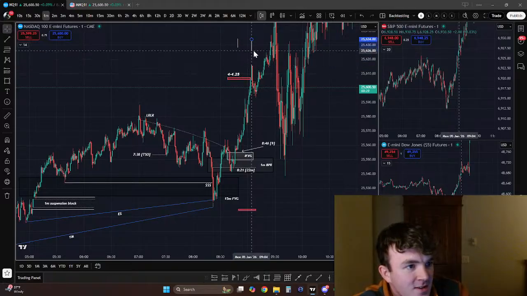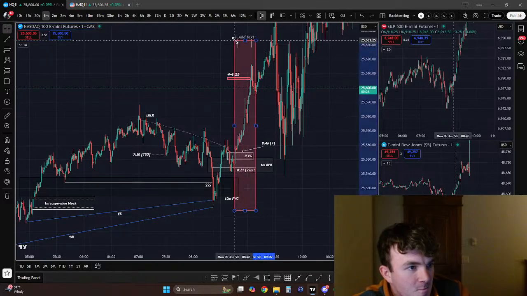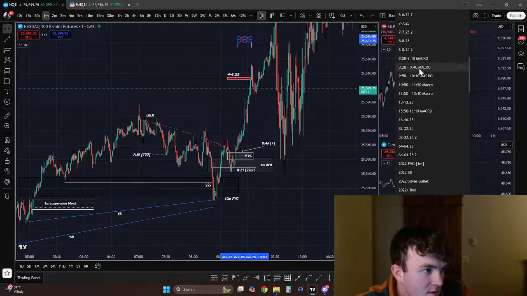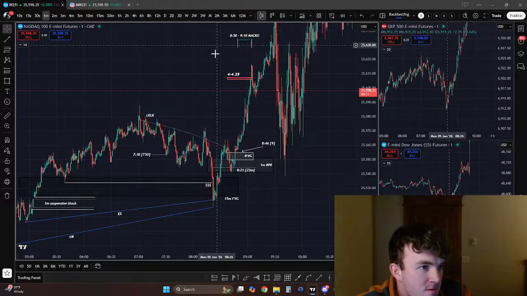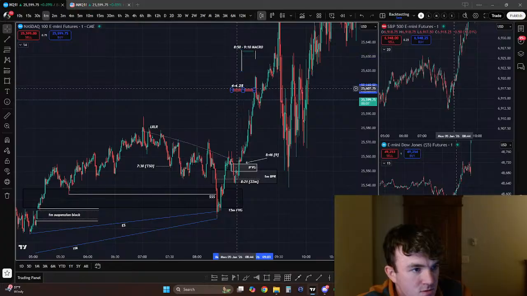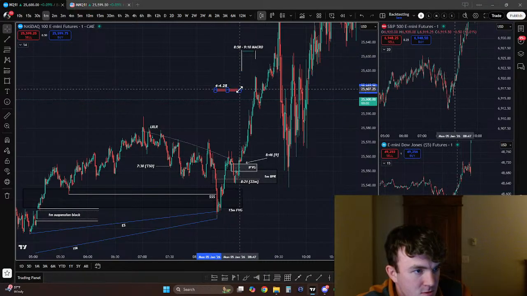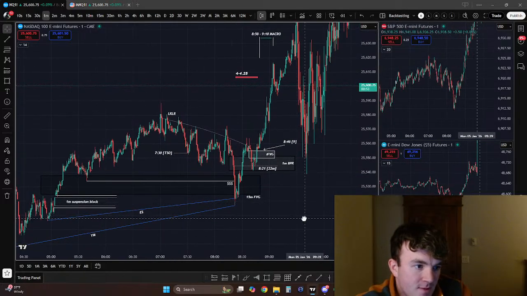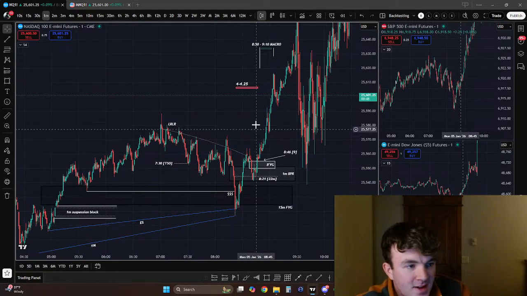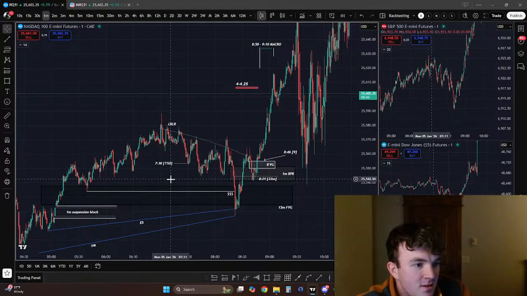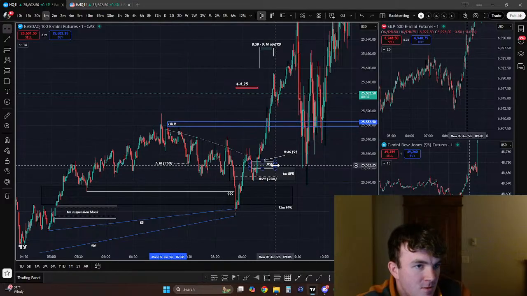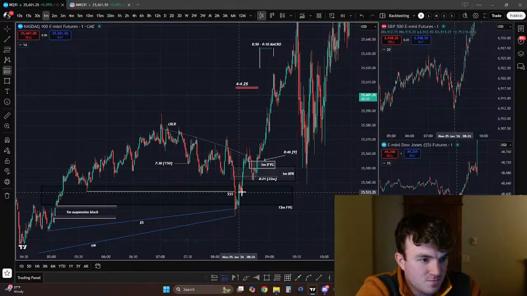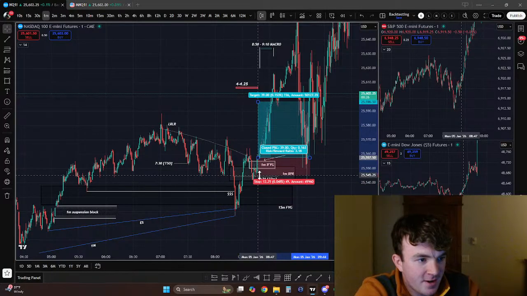That is so clean. Bang. But I mean, yeah, this is really precise stuff, guys. What a perfect trade. What a perfect trade.